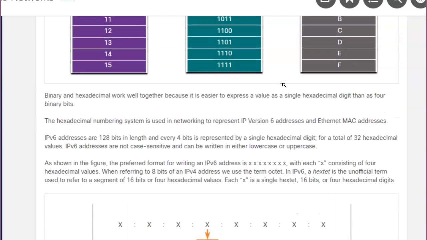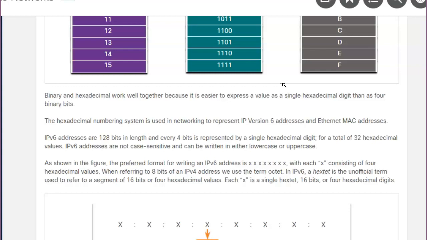Now, just know that it's used for basically two things. It's used for IPv6, and when we start looking at MAC addresses, you'll also see hex used in MAC addresses, which just gives them a larger range also. In an IPv6 address, instead of having dotted decimal notation, things are separated by colons.